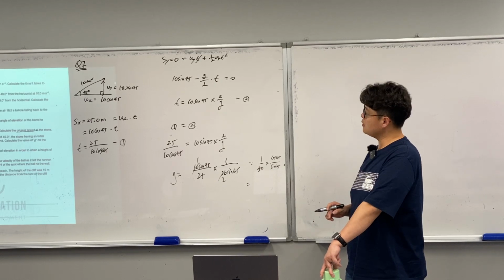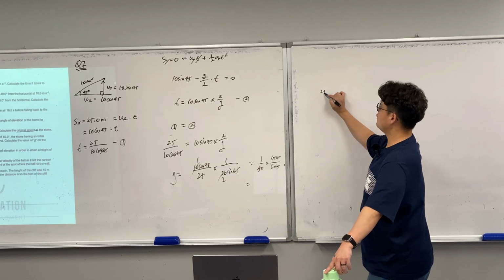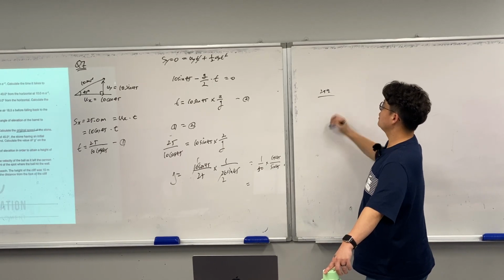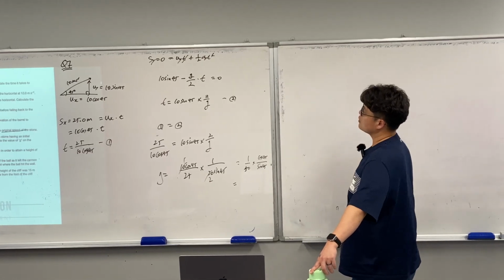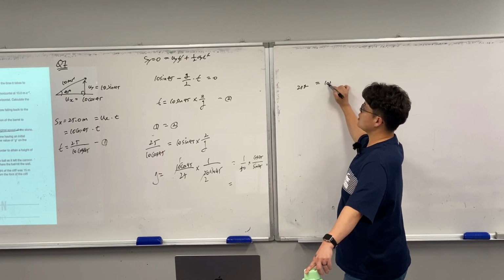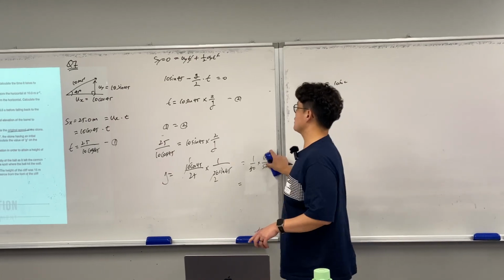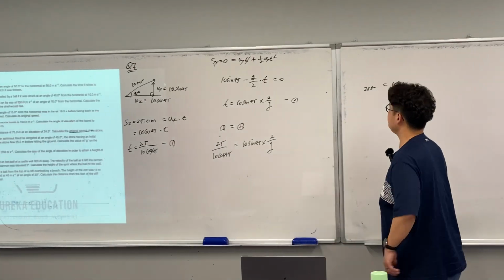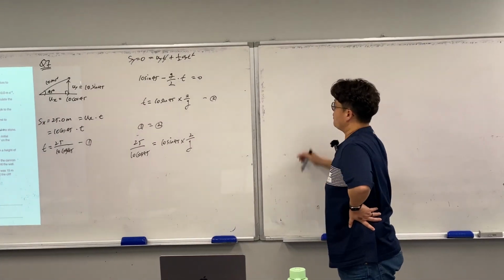Am I right? Hang on. I just tried to do 25g. No, I think the value expression could be wrong. 25g equals 10 sine 45. Yep, sorry guys, it's the other way around. I can't do math in my head now.